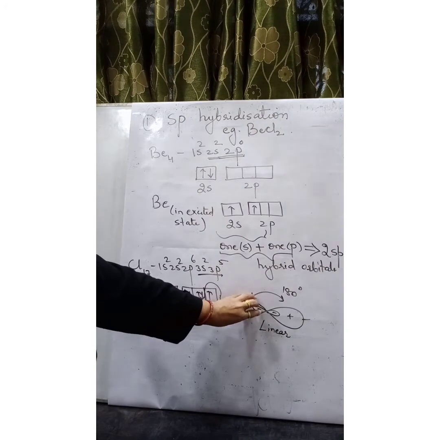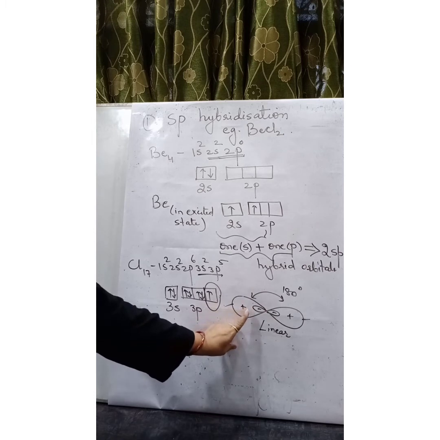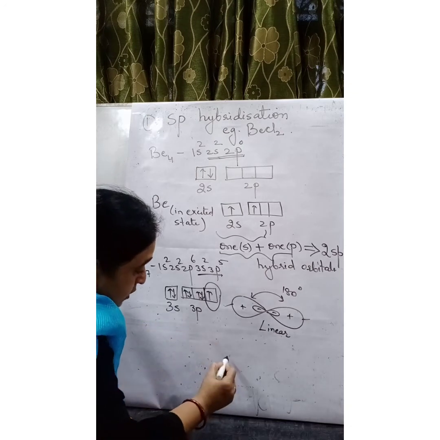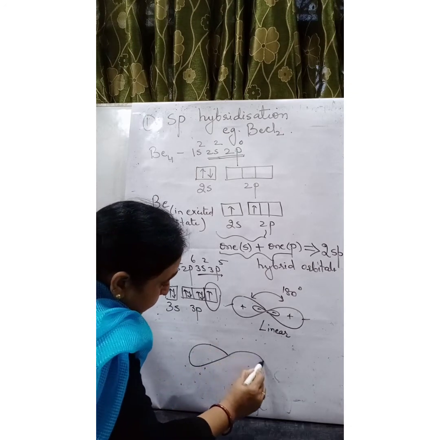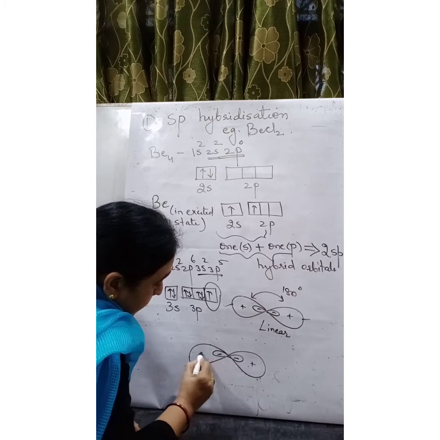So each of these sp hybrid orbitals is overlapped by the p orbital of chlorine, resulting in the formation of a BeCl covalent bond. Basically the overlapping takes place like this. This is our sp hybrid orbital.